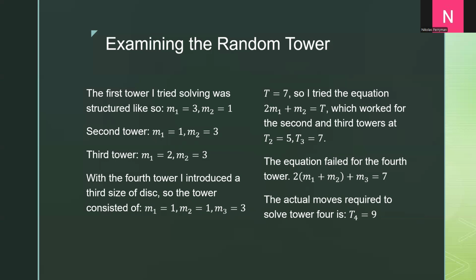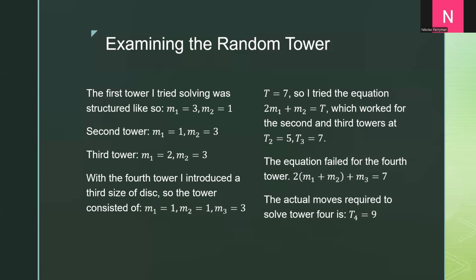And the equation matched when you plugged in all of those values. This also worked for the second and third towers, which had moves of 5 and 7, respectively. The equation failed for the fourth tower when I added a third size of disk. And I think this is because I didn't have enough information to set up the equation, really.